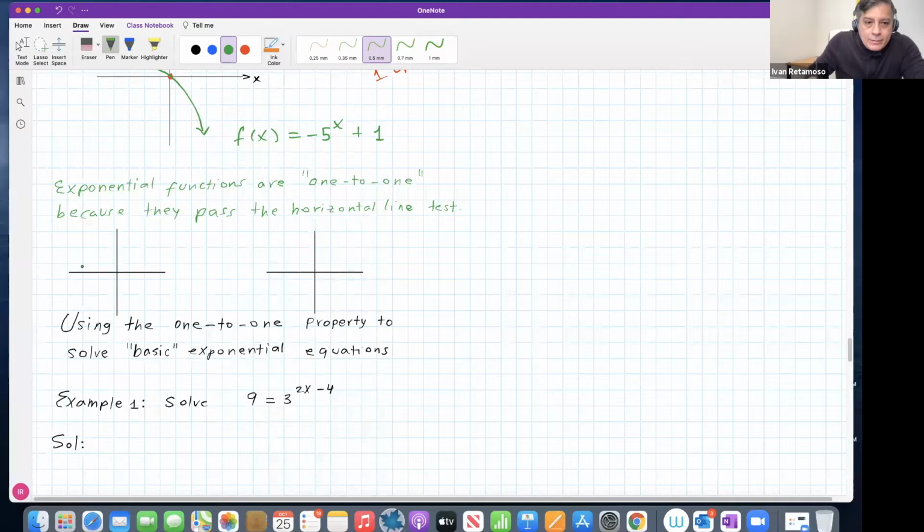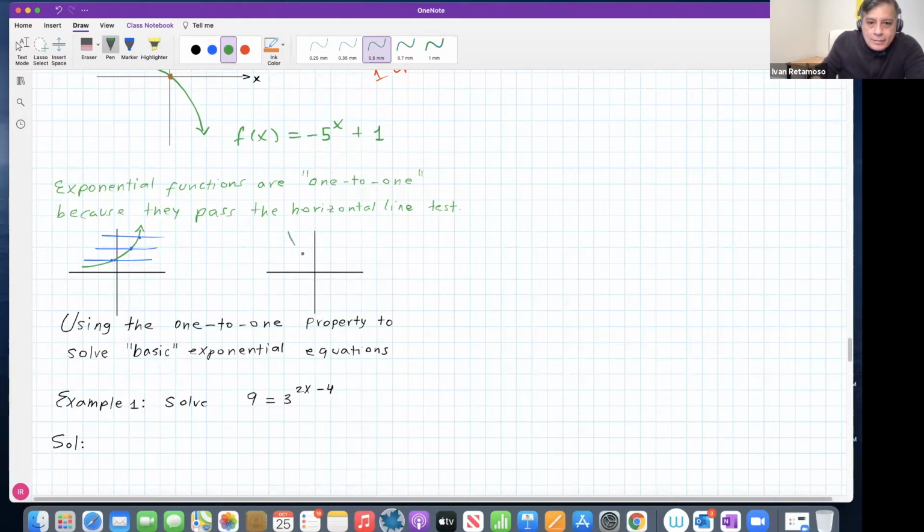Will you show that, Professor? Sure. Look, this is one scenario, right? One way the graph of an exponential function could appear. You apply the horizontal line test, look, one point of intersection always, right? So this is one-to-one.